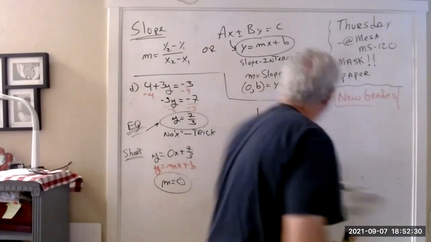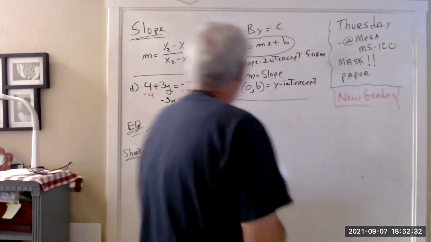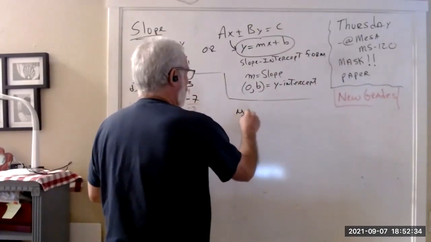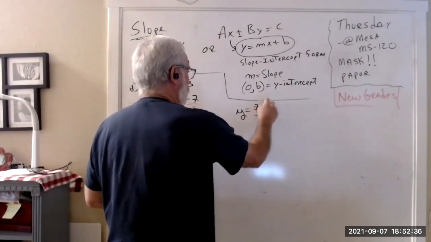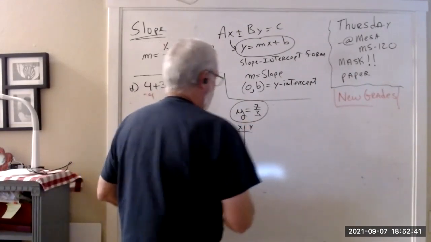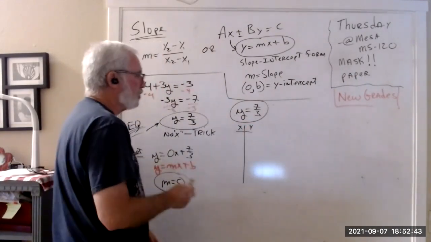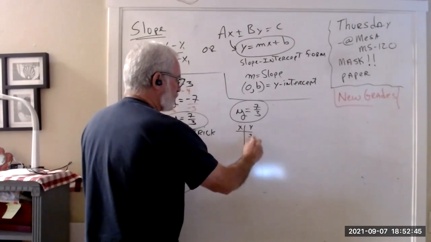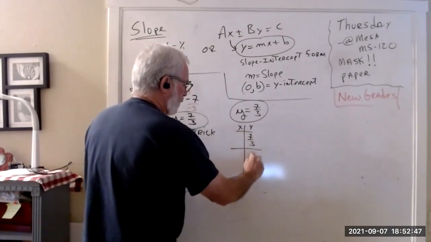Hang on a minute. If we look at this as y equals 7/3, there's no x. So the way I taught this the other day is literally this means y is stuck at 7/3.